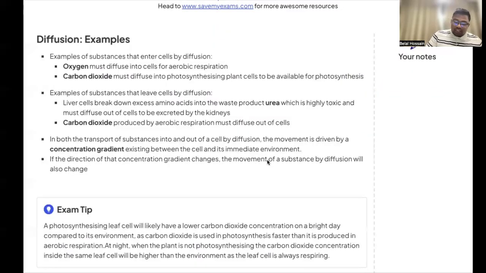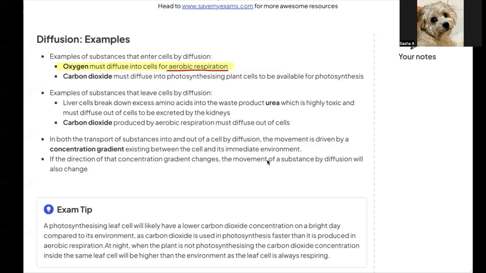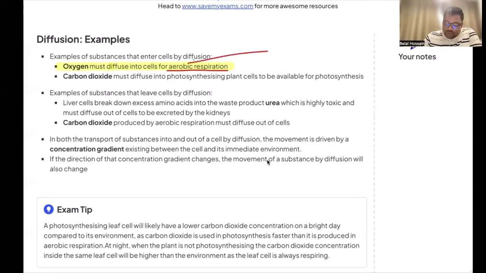All right. So oxygen must diffuse into the cell for aerobic respiration. By the way, the term aerobic respiration was used in our notes, right? That we have to learn this topic, right? It is the respiration that uses oxygen. Aerobic means with oxygen. And the word respiration literally means to break down nutrient molecules to release energy.